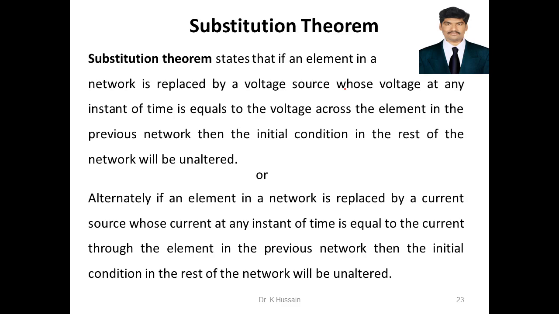So the initial conditions in the rest of the network will be fixed, no change in the initial conditions. In a similar way, if you are replacing it by a current source, then the current through that particular element should be the same as in the actual circuit. That is the meaning of this.